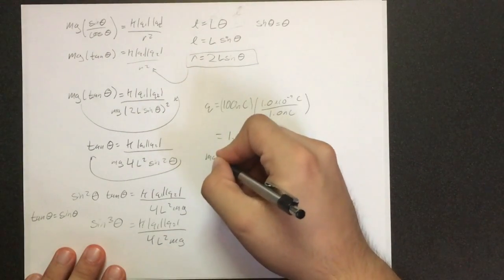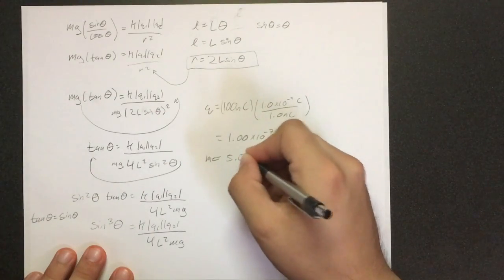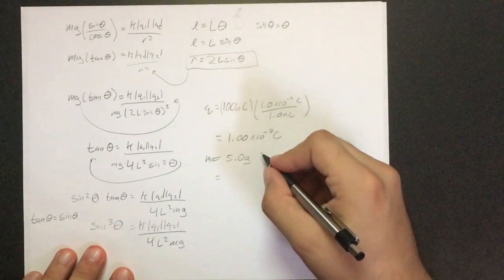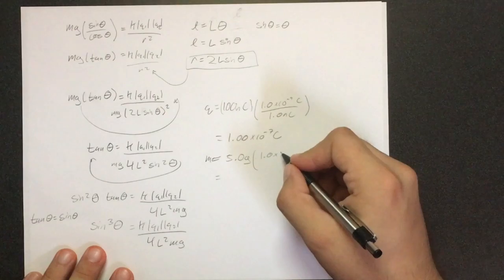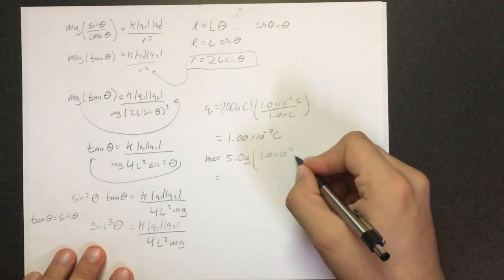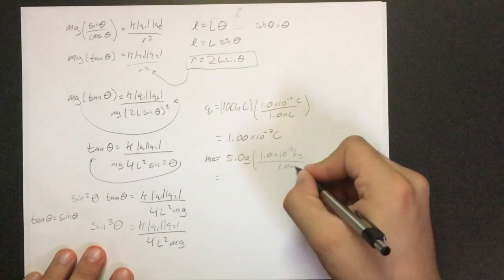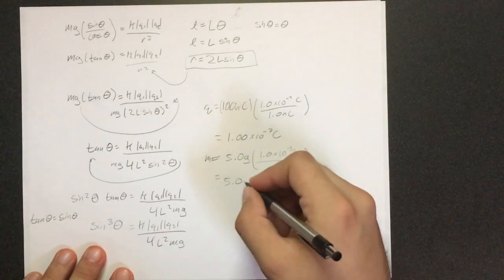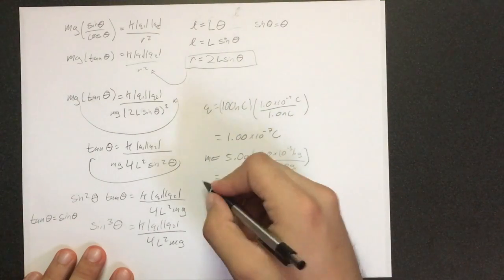Our mass, which is in grams, we're going to be using kilograms instead. So 5 grams, multiplied by 10 to the negative 3 kilograms per gram, is equal to 5 times 10 to the negative 3 kilograms.